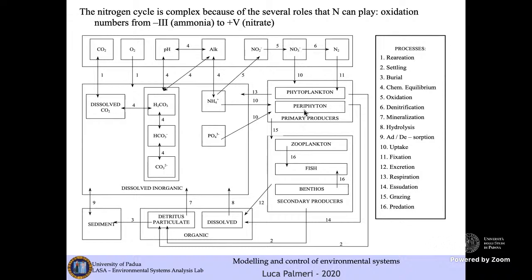Then you have upper layer organisms like periphyton, and these are what's called primary producers. So this is the primary production that converts through photosynthesis, so by employing solar energy, converts nitrogen into organic biomolecules, so bioorganic molecules. And then to the upper trophic level, for example, processes like predation, grazing, transfer of nitrogen from primary producer to the upper, so zooplankton, fishes, and benthos to the upper trophic level.